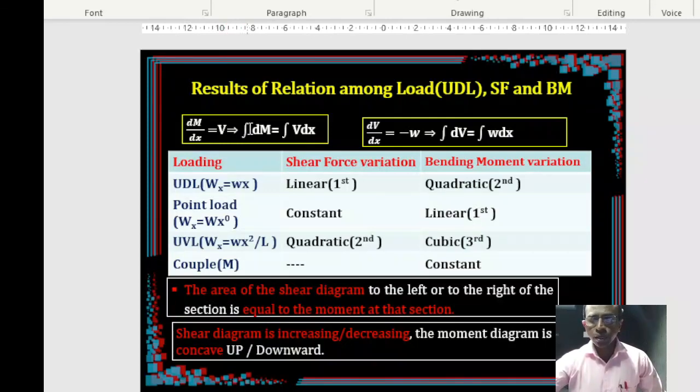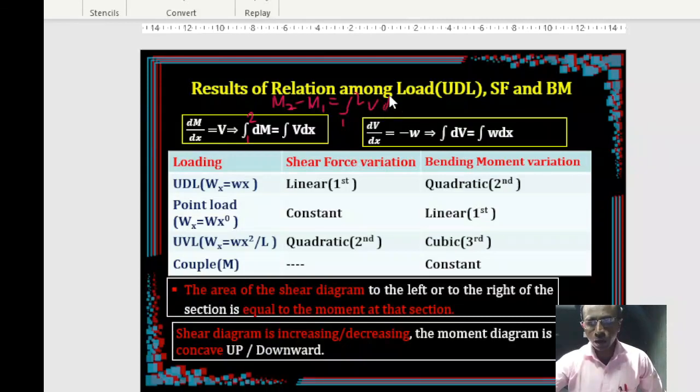Another way of saying this is, if I have selected two different points, say 1 and 2, and I want to know the bending moment change between those two points, M2 minus M1, on two cross sections of a beam, where the bending moment keeps changing from point to point, I could simply find the area of the shear force diagram between those two points.